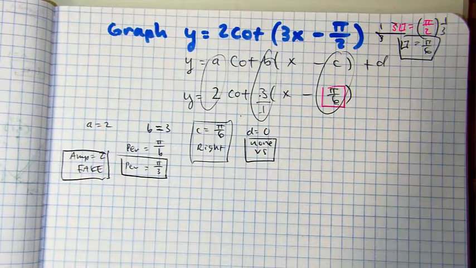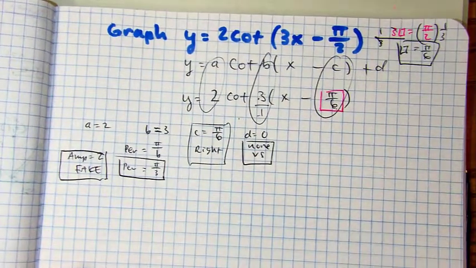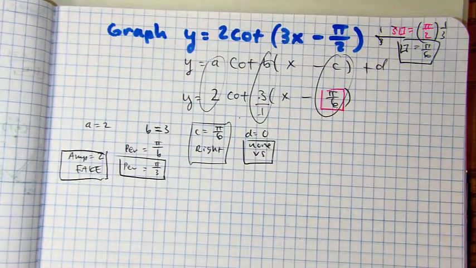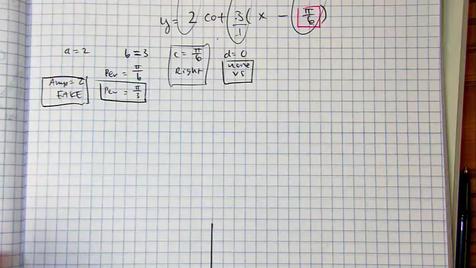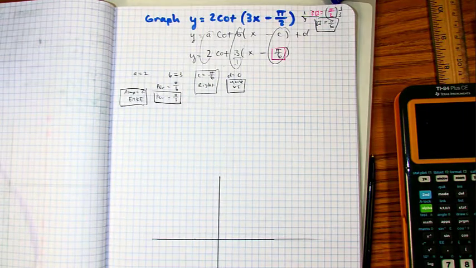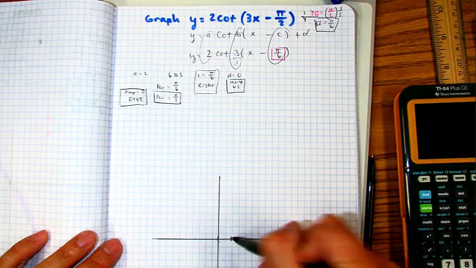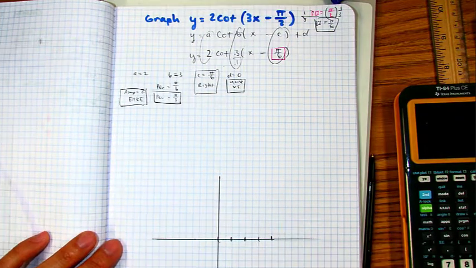Alright, let's go ahead and draw our values. Count with me. Ready, set, go. 1, 2, 3. Too fast, too fast. 5.